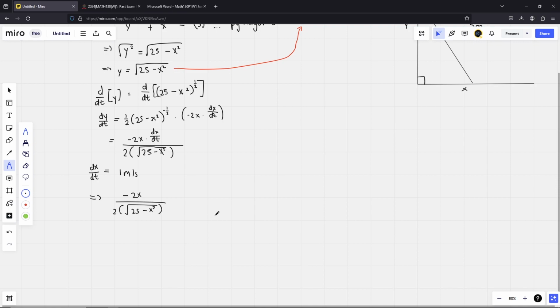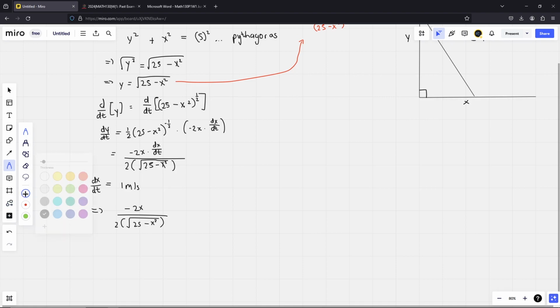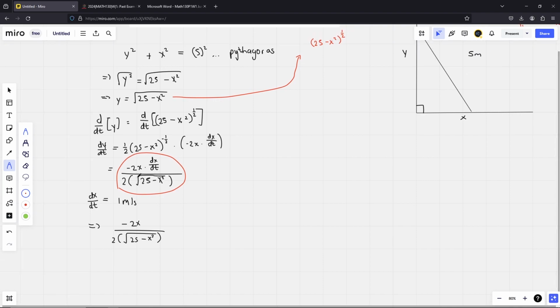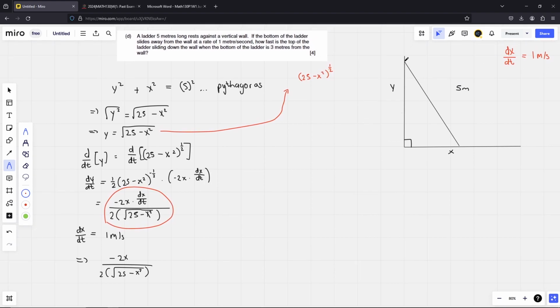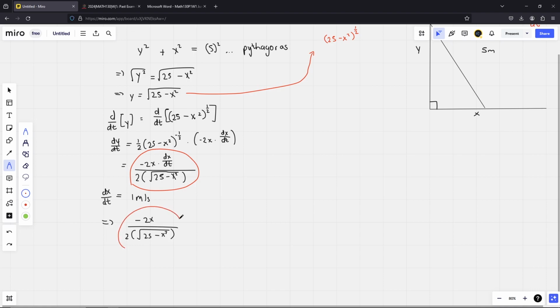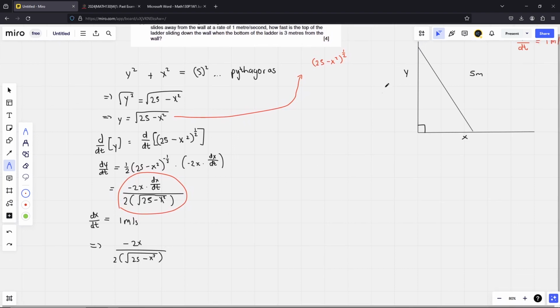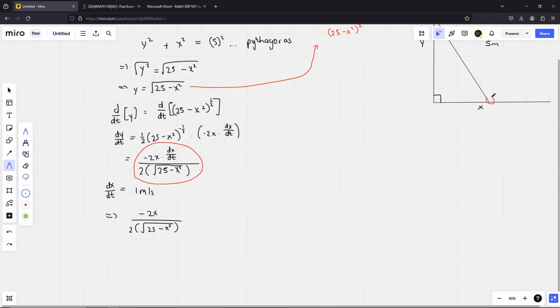So now let's not forget what we found right here. This is an expression which tells us how fast y is changing, or in other words, how fast y is sliding down. And now by subbing in our dx by dt, we have an expression which tells us how fast y is sliding down when x is sliding away at 1 meter a second.